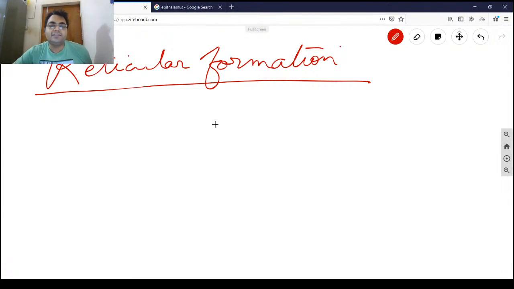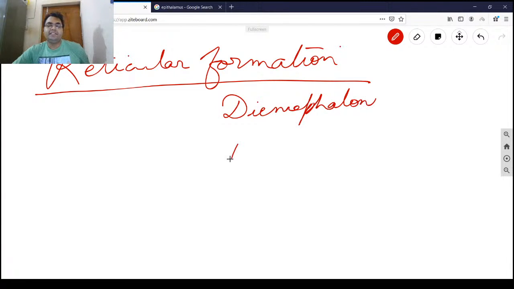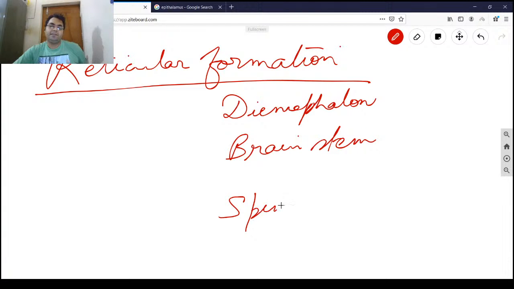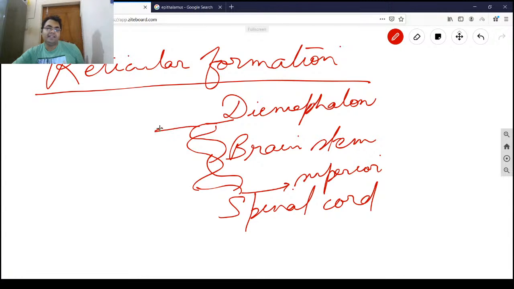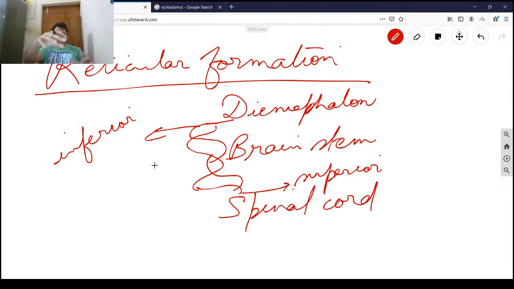So if I draw like this, suppose this is diencephalon, this is your brain stem, this is your spinal cord. So from inferior to the diencephalon, gray and white matter started through the brain stem and ended superior, meaning on top. Superior to the spinal cord means top of the spinal cord, and inferior means down in case of biology. Okay. So this is the network of gray and white matter, the reticular fibers in the human brain.